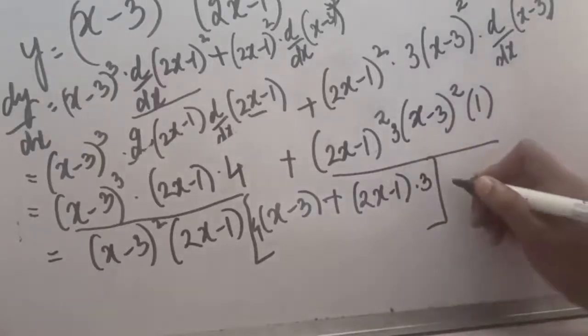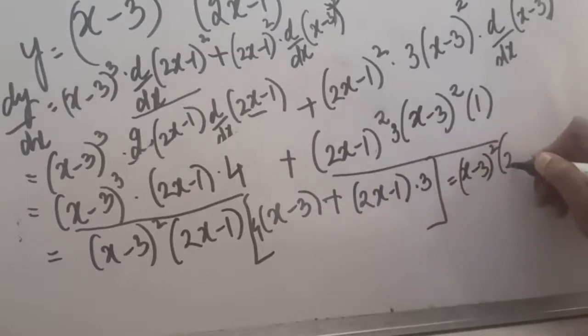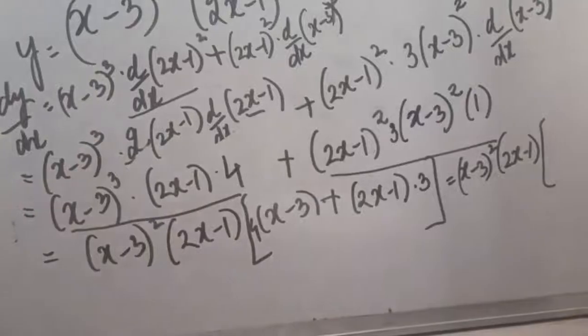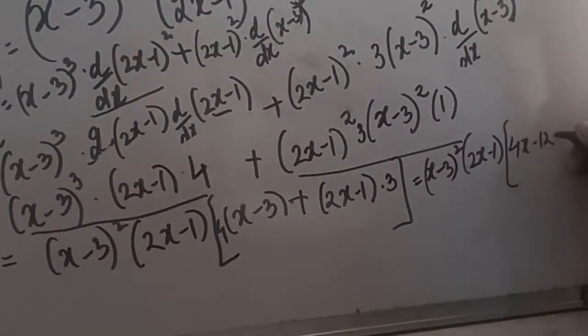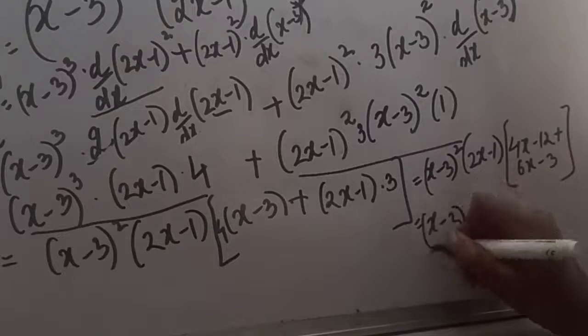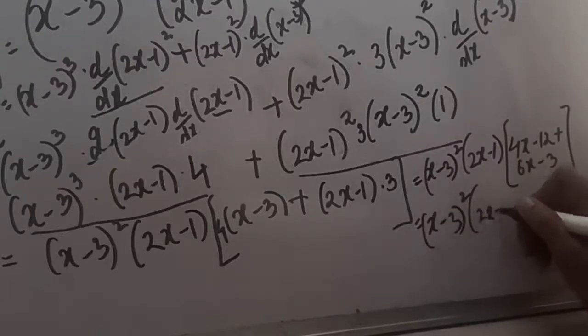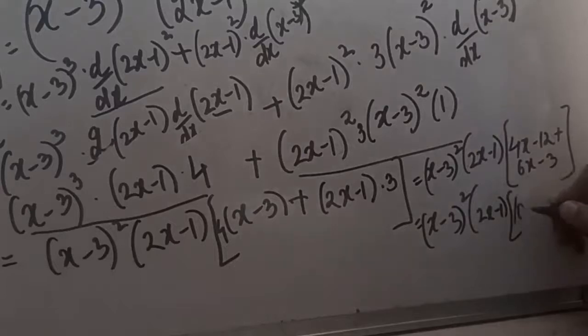So we can solve it further. (x−3)², (2x−1), and inside it will be 4x−12 plus 6x−3. So our final answer is (x−3)², (2x−1), it will be 10x−15.